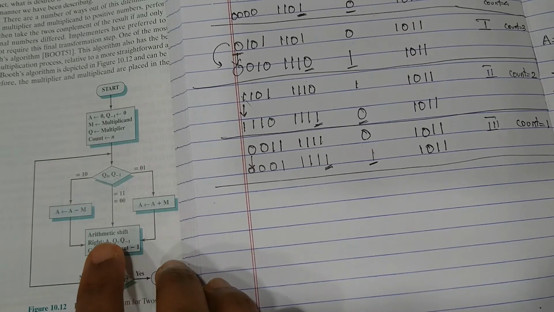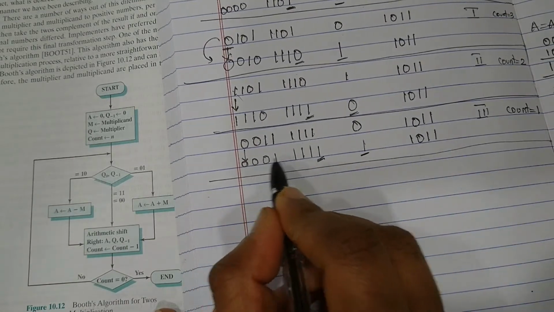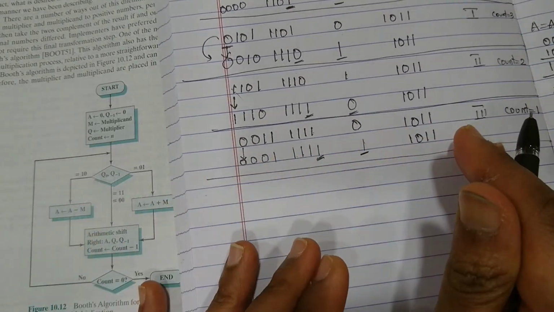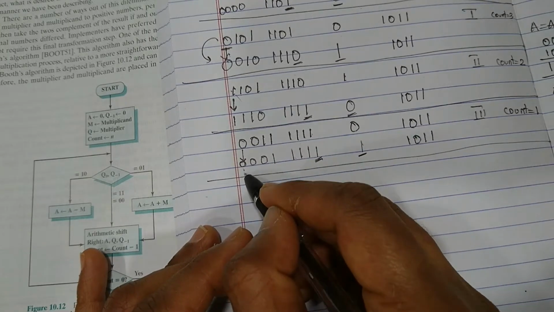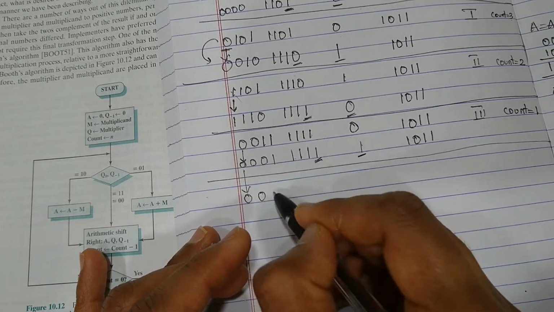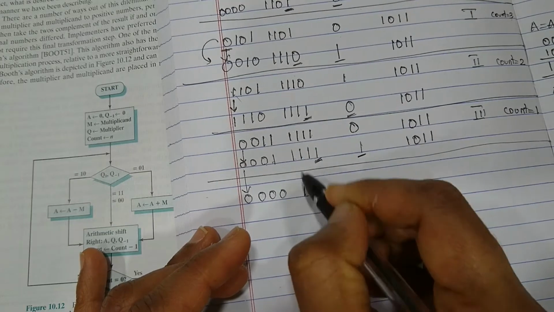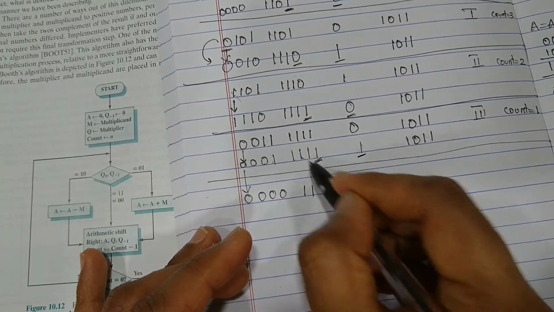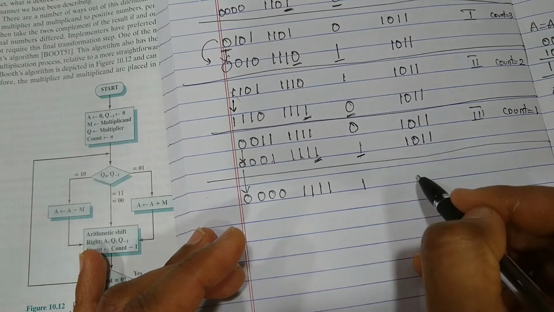So arithmetic shift. I told you A, q, q minus 1 to the right side, and it's an arithmetic shift. So this bit comes here. This 0 you write, and this 0 comes, another 0. This one goes to the q, and this bit, and this bit. And m is as it is.